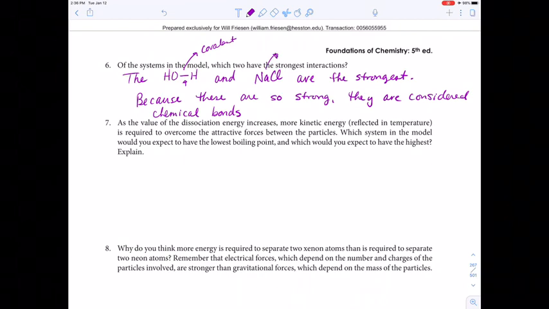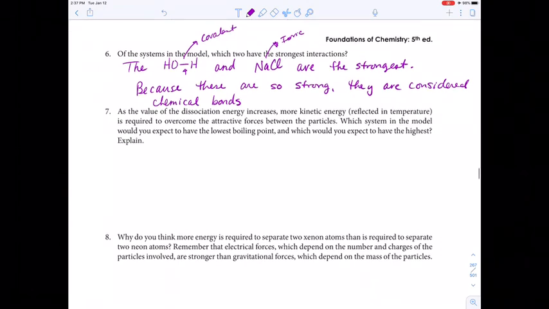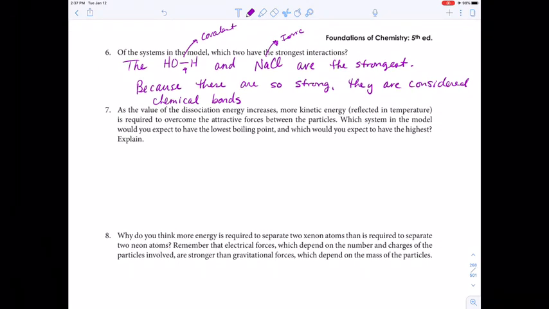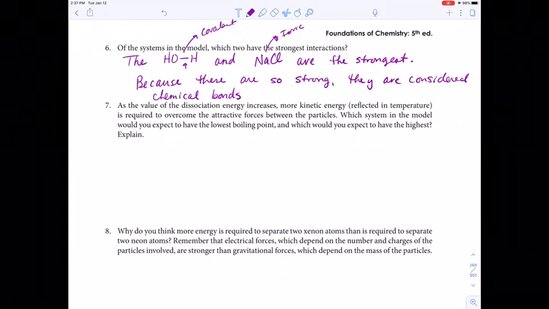Sodium chloride we should be able to recognize as ionic. As the value of the dissociation energy increases, more kinetic energy. Remember, kinetic energy is how quickly these atoms or molecules are moving or vibrating, which increases with temperature. So more kinetic energy is required to overcome the attractive forces between the particles.